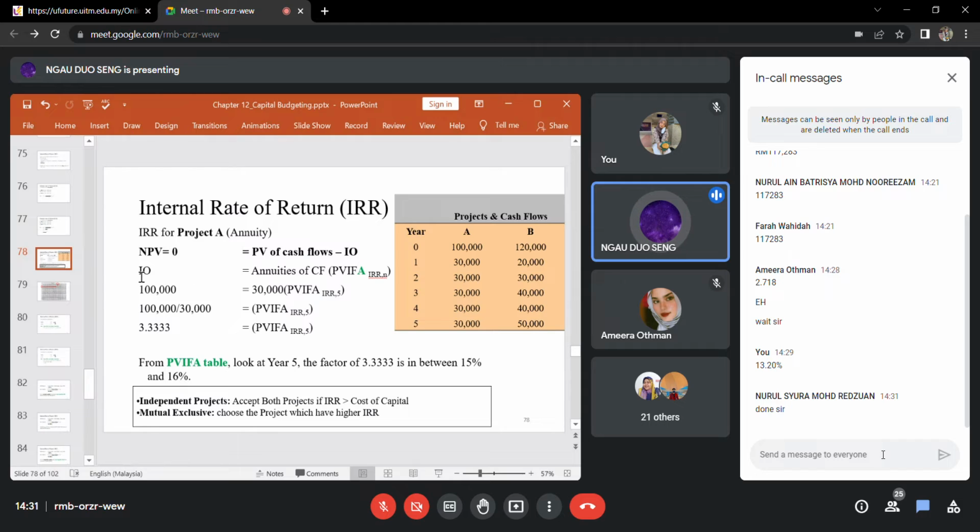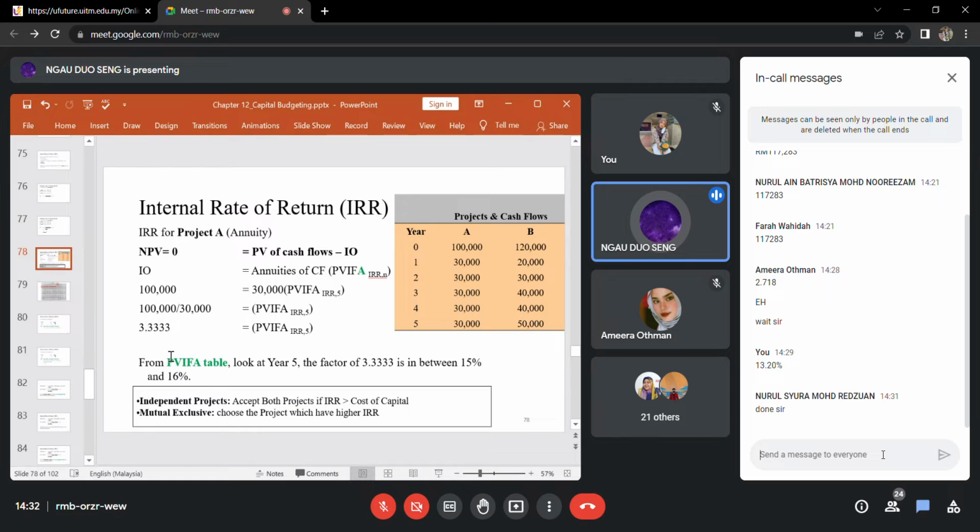So we have initial outlay of 100,000, annuity 30,000, then the IRR we need to calculate, n equal to 5. So we divide: 100,000 divided by 30,000, so we have 3.3333 equal to the present value interest factor annuity, IRR, 5.